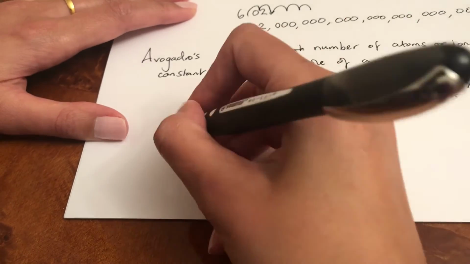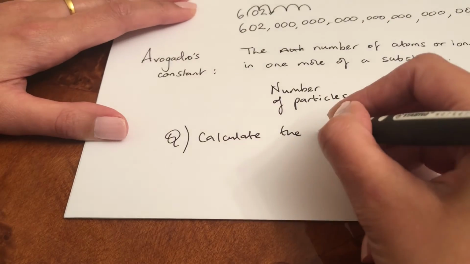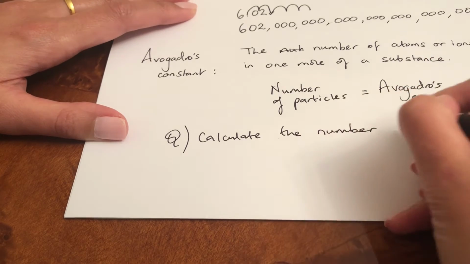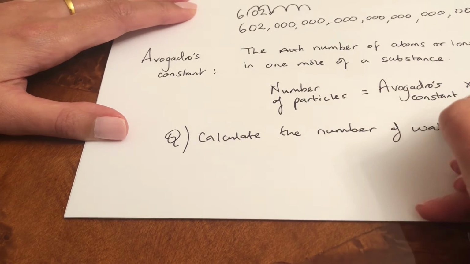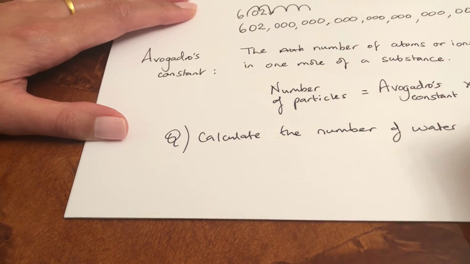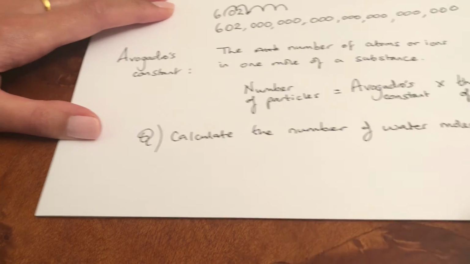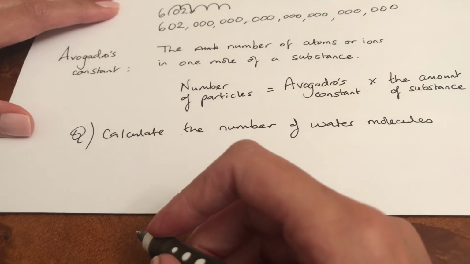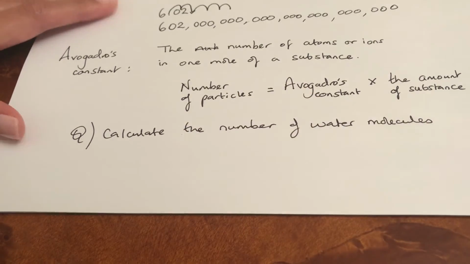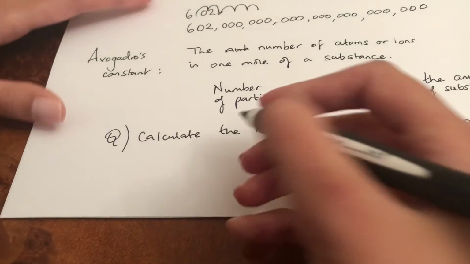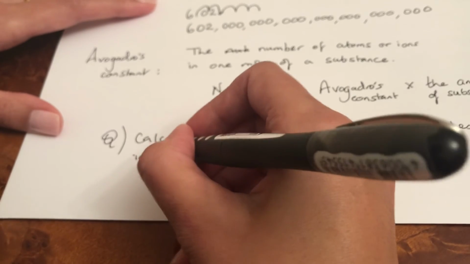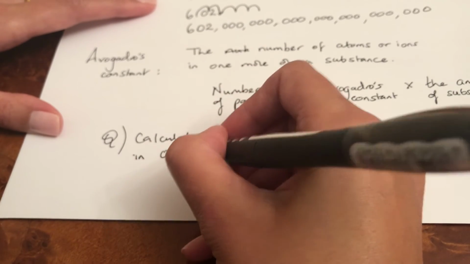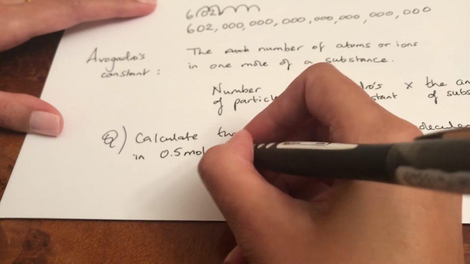So calculate the number of water molecules in 0.5 moles of water.